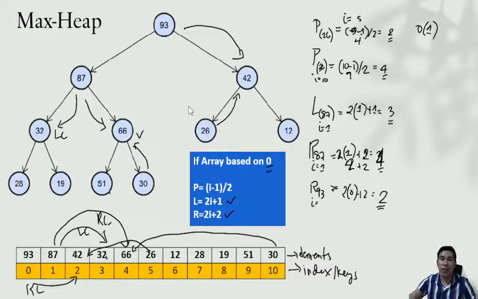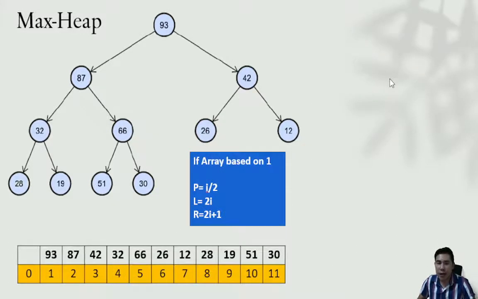So that is the max heap, with the array based on index 0. Now, if there are books that implement it in a different way, the differences are minimal, only that they use different formulas. In finding the parent, you use p equal to i divided by 2. For the left child, it's 2i, and for the right child, 2i plus 1.